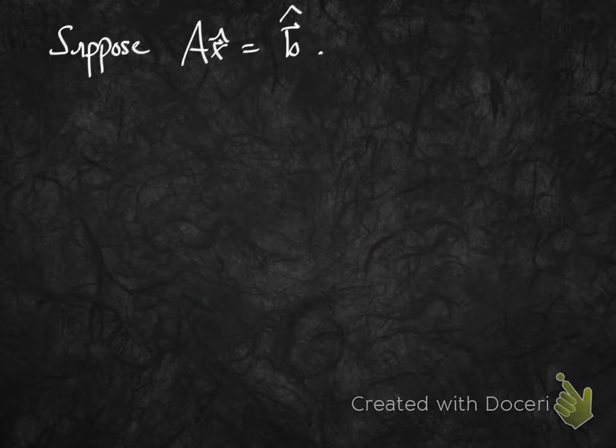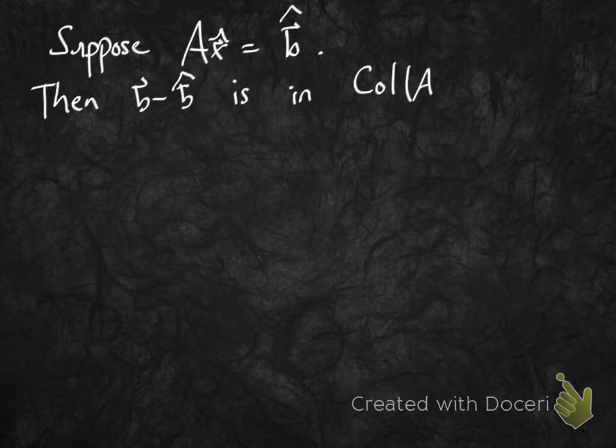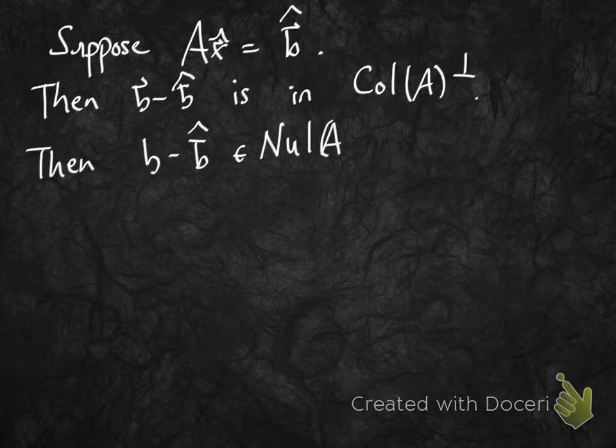So suppose A x hat equals b hat, then b minus b hat is in the orthogonal complement of the column space of A, right? So it's in the column space of A perp. That tells us that b minus b hat is in the null space of A transpose.